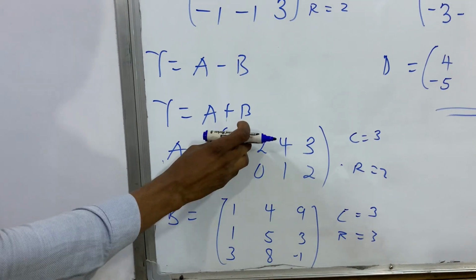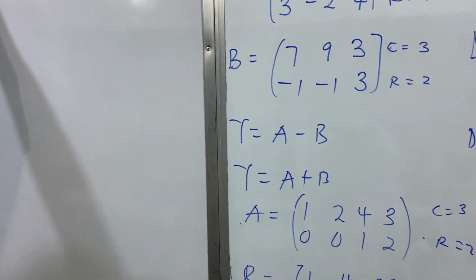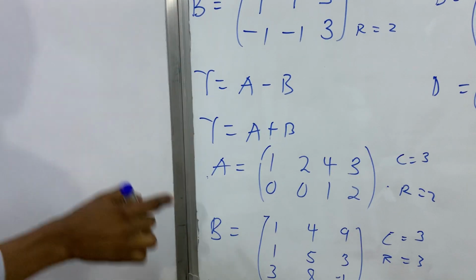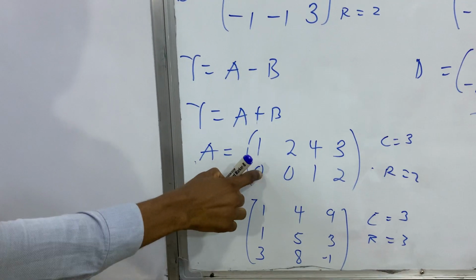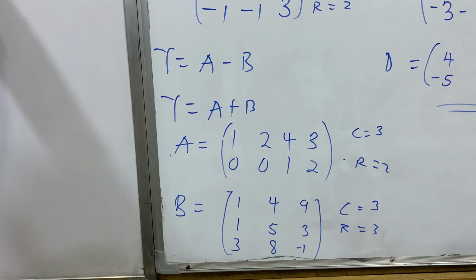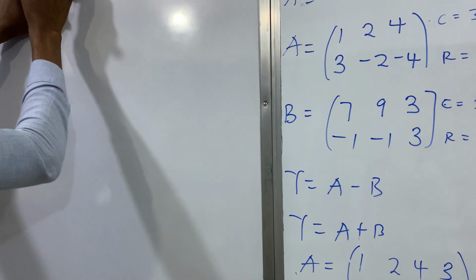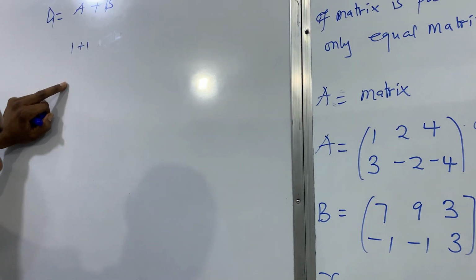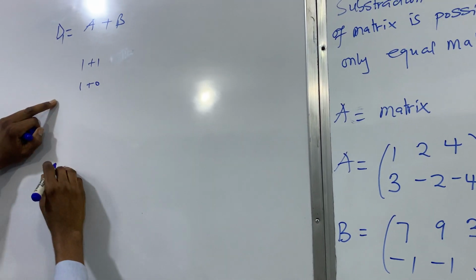When you pick a row and bring it here, this row will add to this row. So that means 1 plus 1, then 0 plus 1, then 1 plus 0.